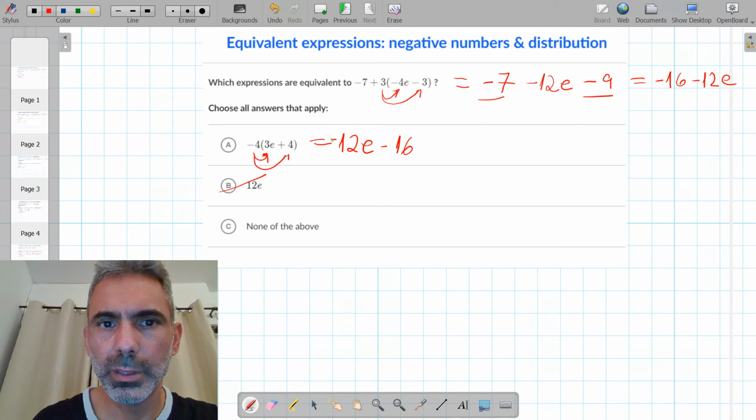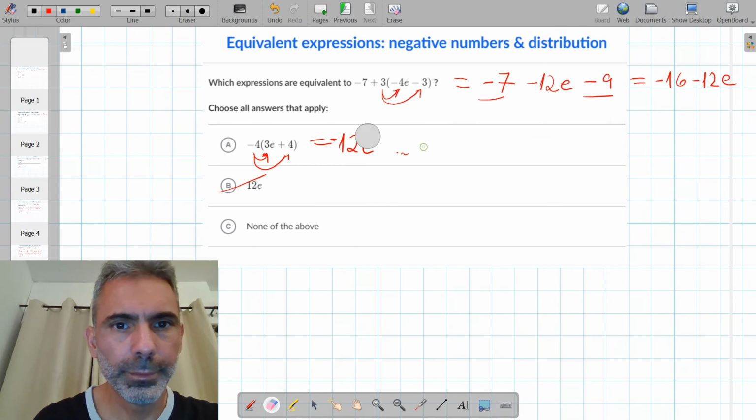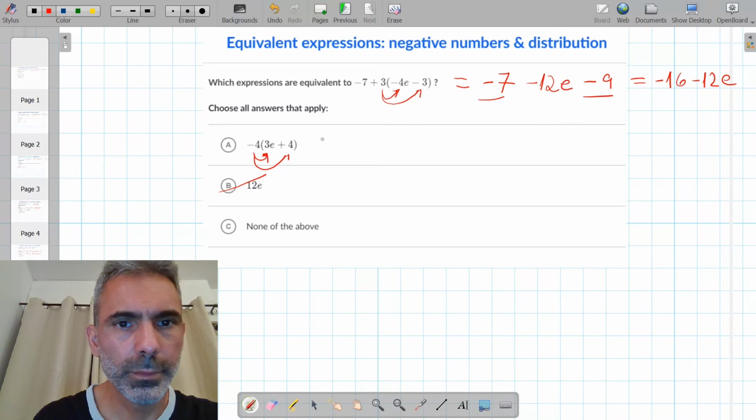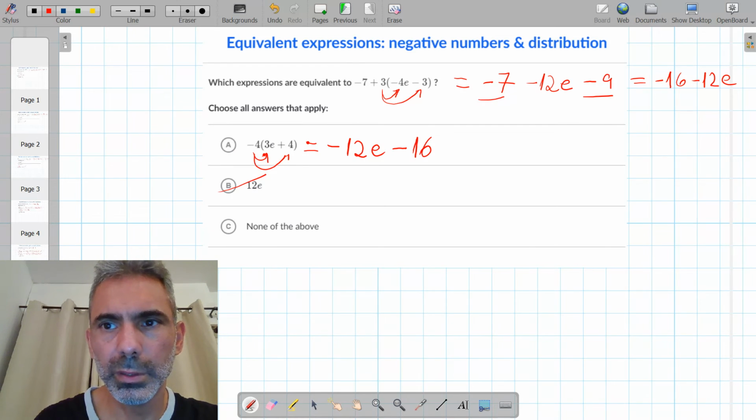Minus 4 times 3e is negative 12e. And then minus 4 times 4 is negative 16. So this is negative 12e minus 16, which is equivalent to this. Okay.